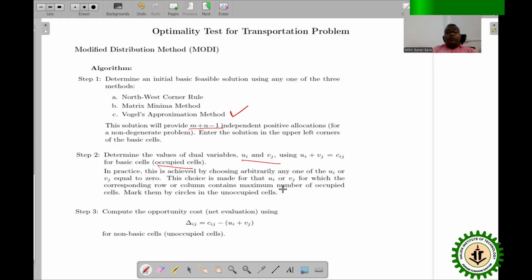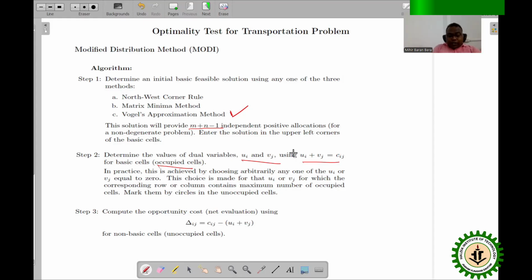We set to 0 the dual variable corresponding to the row or column in which the maximum number of allocations is there. If two rows have the same number of maximum allocations, you can choose any one to equal 0. After choosing this, you will be able to find all ui and all vj separately.